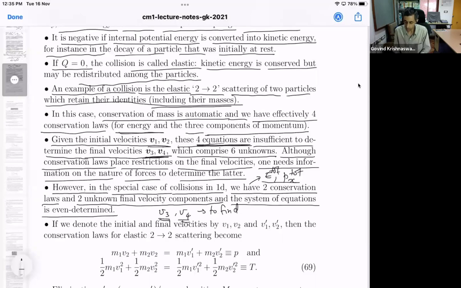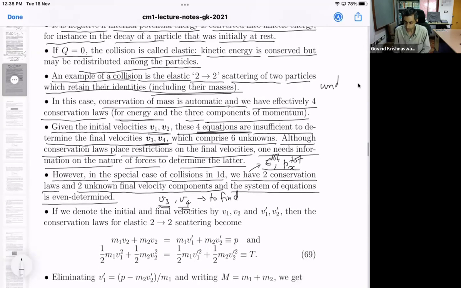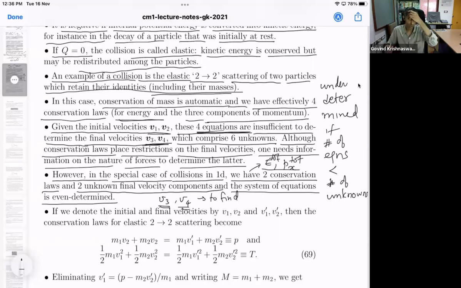We'll improve upon it and say it is underdetermined if the number of equations is less than the number of unknowns. Basically you don't have enough equations to solve for all the unknowns. Then we will say that the system of equations is underdetermined.